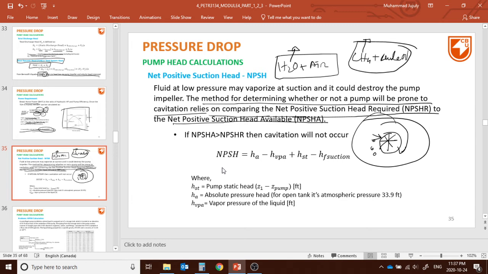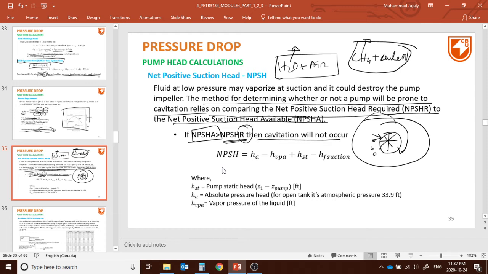If the net positive suction head available is greater than the net positive suction head required, that means NPSHR, the required, is less than available, then there will be no cavitation.